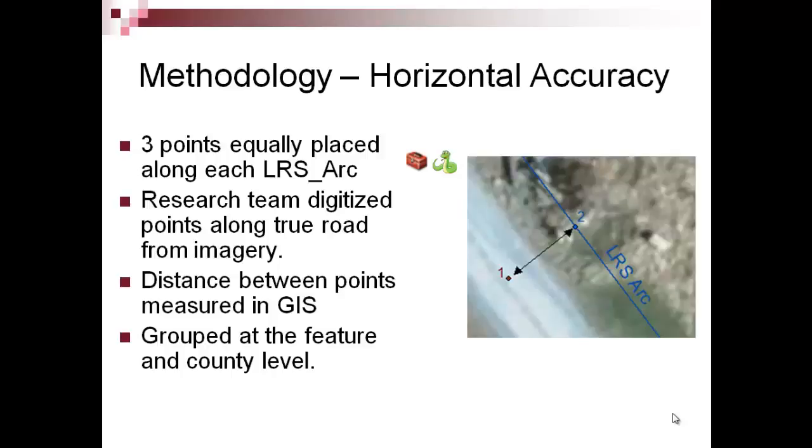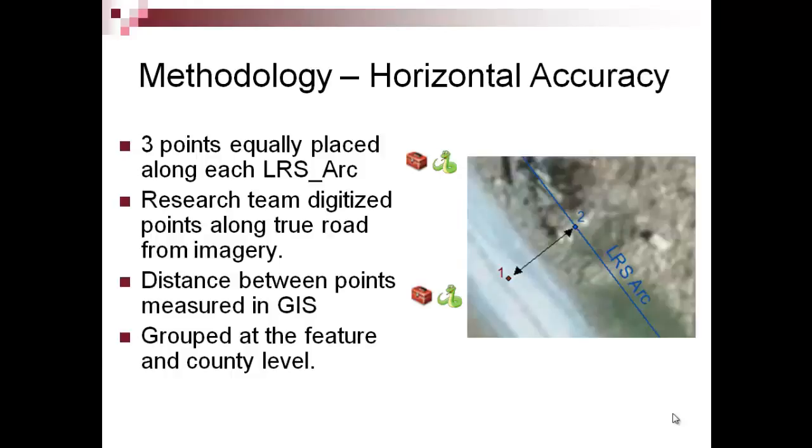Now, the next thing, the research team had to digitize the points along the true road imagery. So as you can see, point 1 right here, our research team had to digitize that closest to point number 2, which we created using our Python code. The next thing we needed to do for all these points, so for Alamance County, those 375 points that we created, they were joined or aligned with 375 points along the center line.